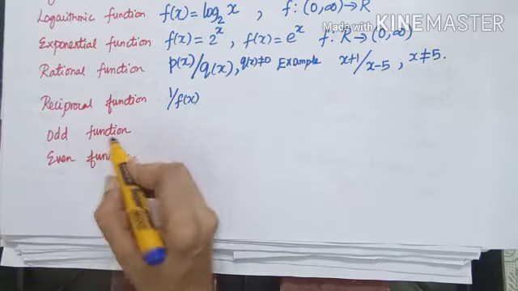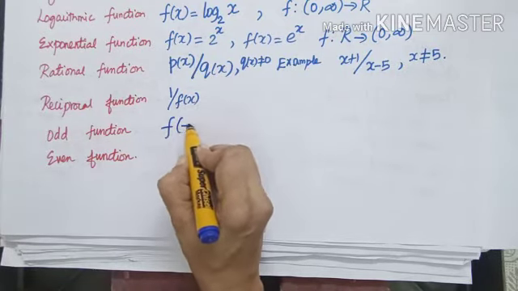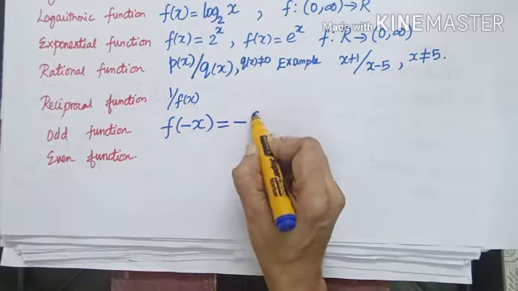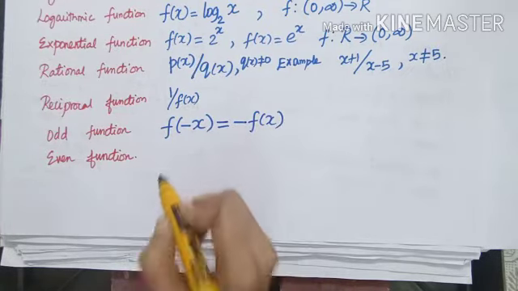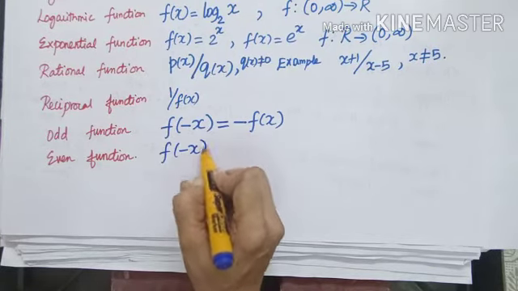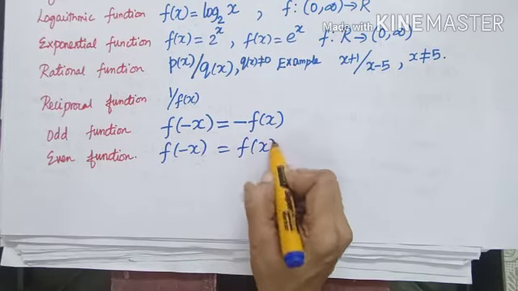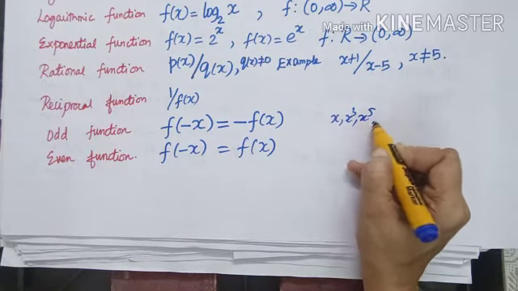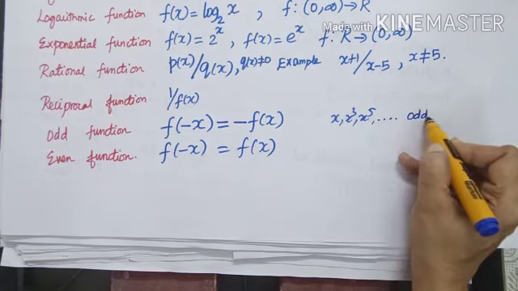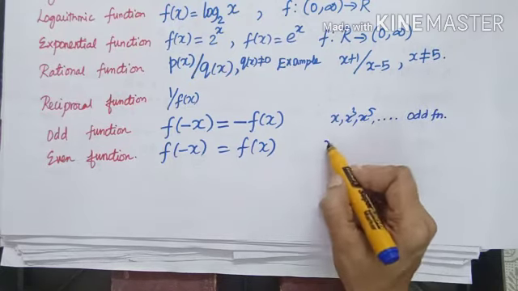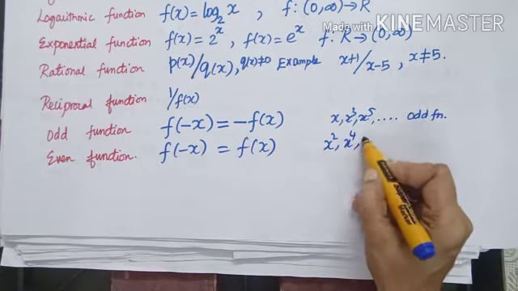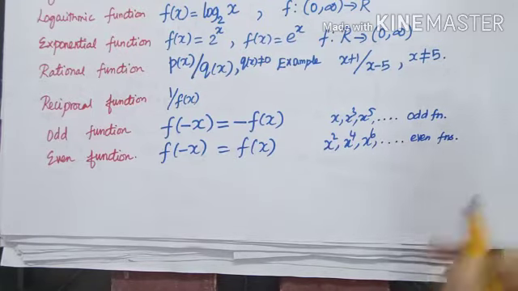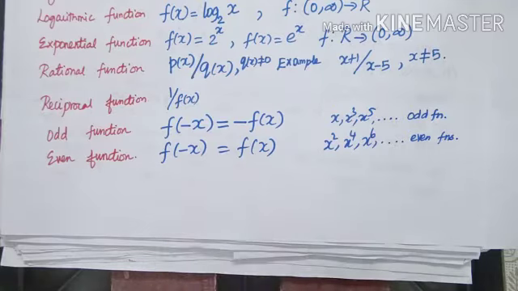Odd, very important one. Wherever x is coming, I put minus x. If the sign changes, it is called odd. If the sign does not change, it is called even. See, x, x cube, x power 5, all these are odd functions, whereas x square, x power 4, x power 6, all these we will call even functions. Again in exercise we'll see in detail.